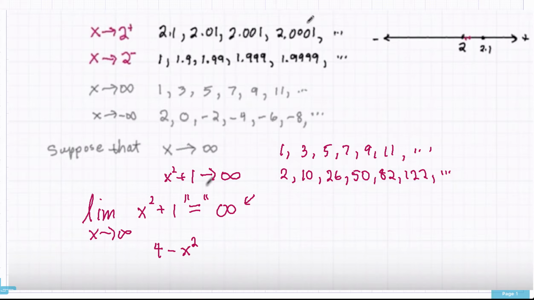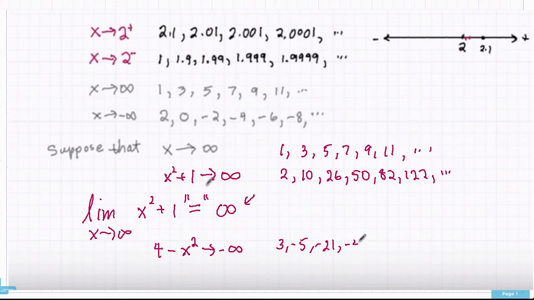We could also form a list by using a formula, for example, something like 4 minus x squared, which I would claim is clearly going to go to minus infinity. Let's look a little bit more closely though. The first entry in the 4 minus x squared list should be 4 minus 1 squared, so that would be 3. 4 minus 3 squared, what's that, minus 5. 4 minus 5 squared, minus 21.